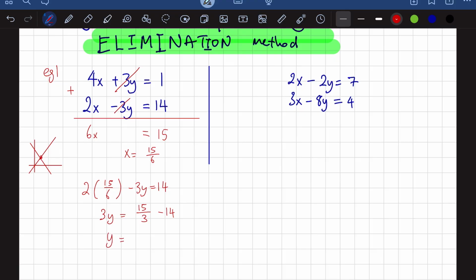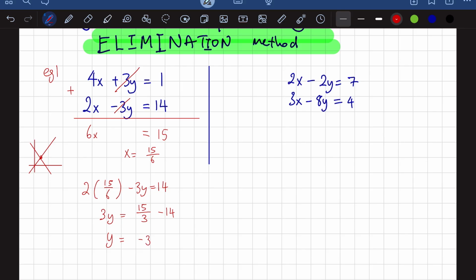I'm going to use my calculator to work out the entire thing, which is 15 divided by 3 minus 14, and we're going to divide it by 3. So it's like 5 minus 14 divided by 3, and that's negative 3.